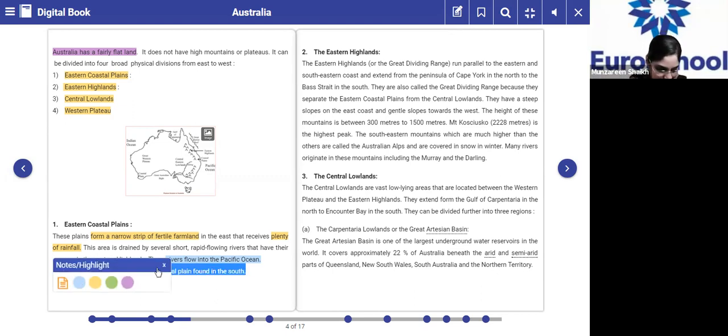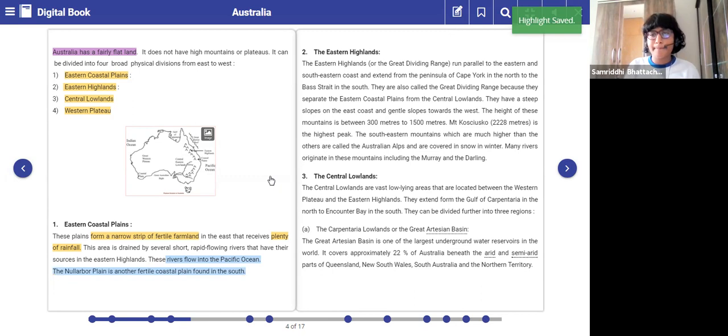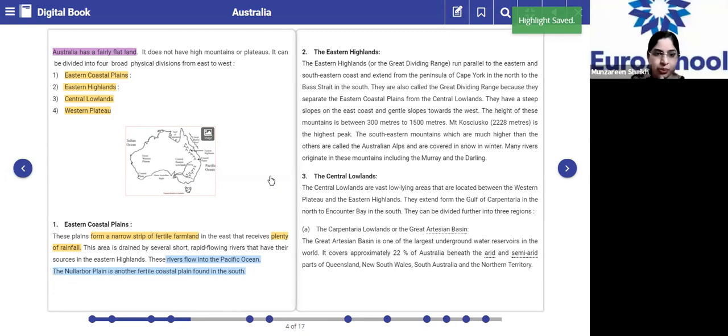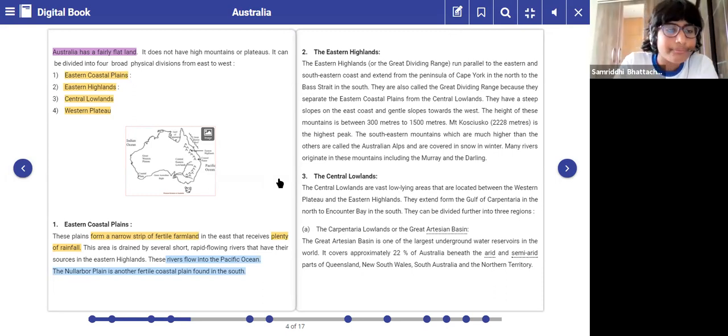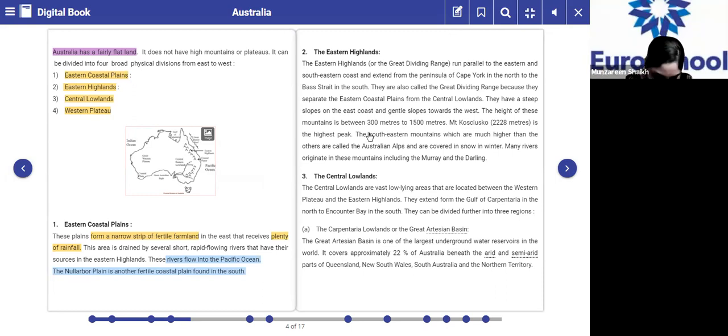Just underline the word plain, so that you know this is the keyword which you need to remember. Have you understood about the eastern coastal plains, children? Let me ask you a few questions so that I'm satisfied whether you've understood or not. First thing, the eastern coastal plain.